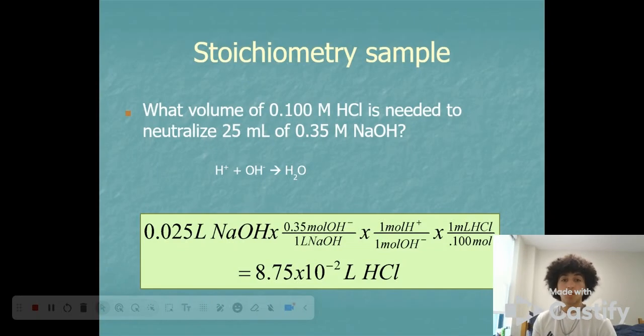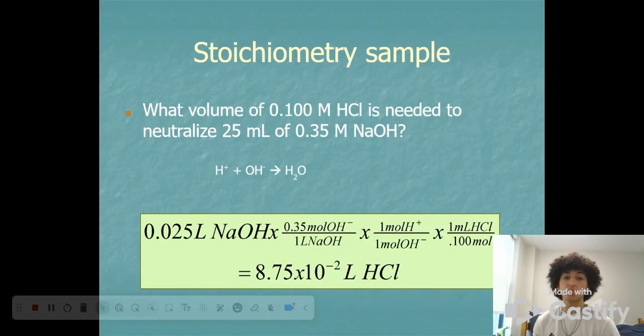The next step, moles of H+ needed is about 0.00875 moles since the ratio is 1 to 1. After that, you want to find the volume of HCl, which is the moles divided by the molarity: 0.00875 divided by 0.1, which is 0.0875 liters equals 87.5 milliliters.